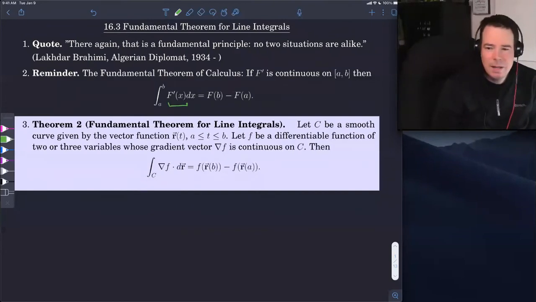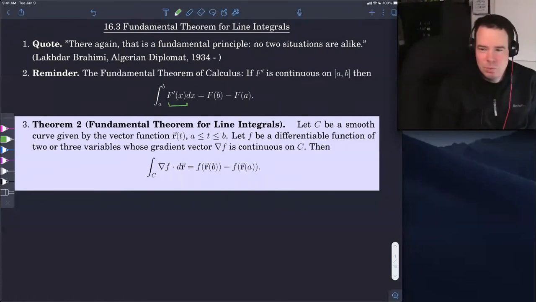I didn't care what the integrand's values were at any value between a and b. Those didn't matter. All that mattered was the value of the antiderivative at the endpoints. So it says the integral over the interval a to b of this integrand f prime, none of the values mattered in the interval. All that mattered was the values at the endpoints. So that's one way to think about what that says.